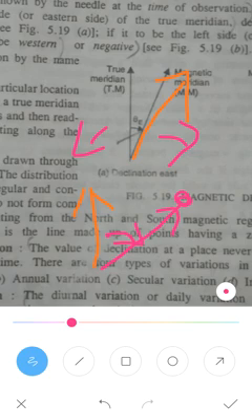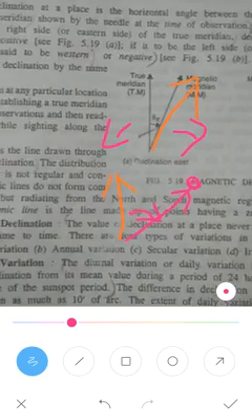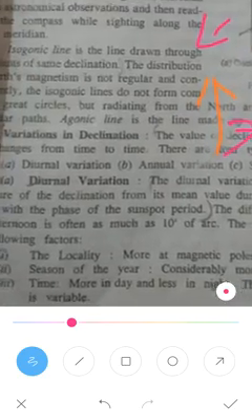Okay, so this declination at any particular location can be easily obtained by establishing the true meridian from the astronomical observation, then taking the reading of the compass while sighting along the true meridian. So this can be found out. There are various types of declinations.